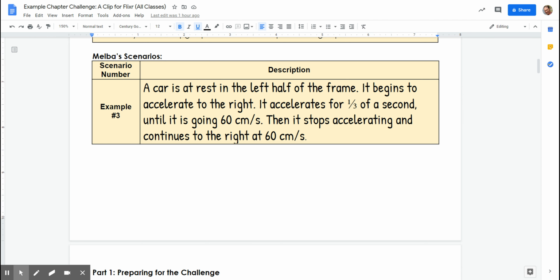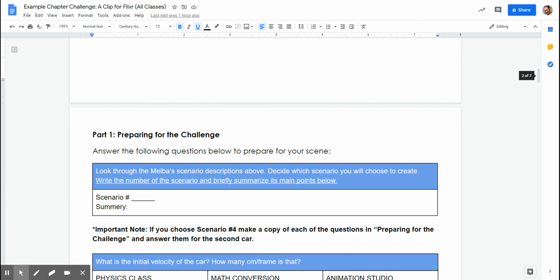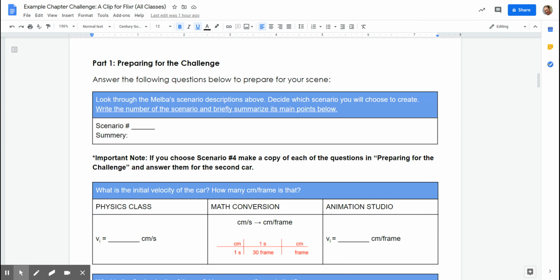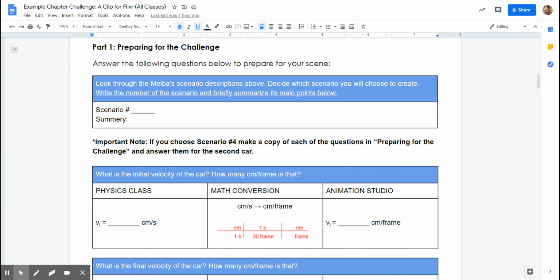All right. So down below, the first thing that I asked us to do was to create a quick summary of that statement. So I'm going to put in here that this is example scenario number 3, because I've done a couple other ones before this. And my summary is that my starting velocity is equal to 0 centimeters per second.